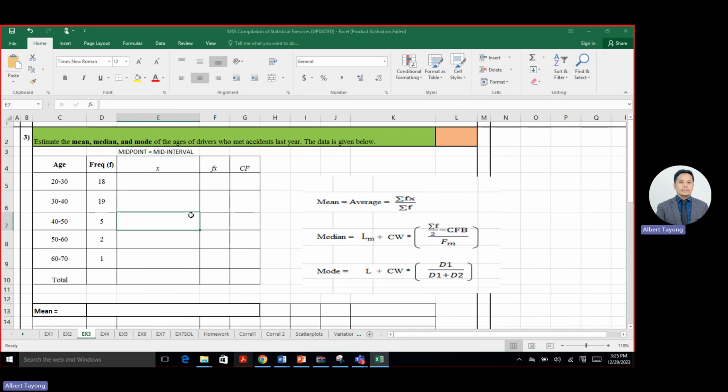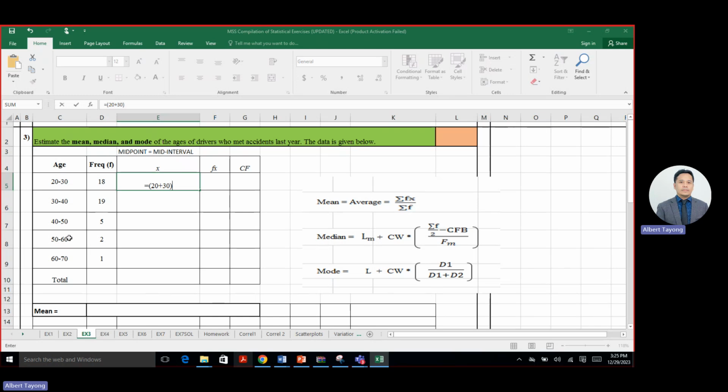The formula is very simple. We just have to add the lower bound and the upper bound, and divide the answer by 2. So here we're going to do it manually because we cannot select the values.